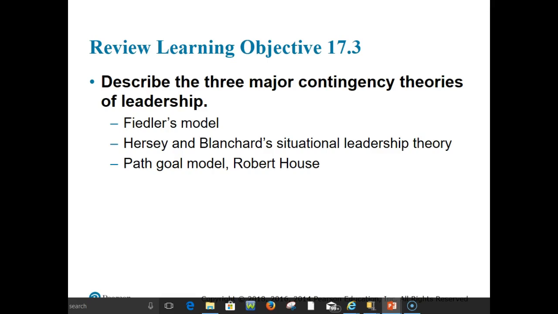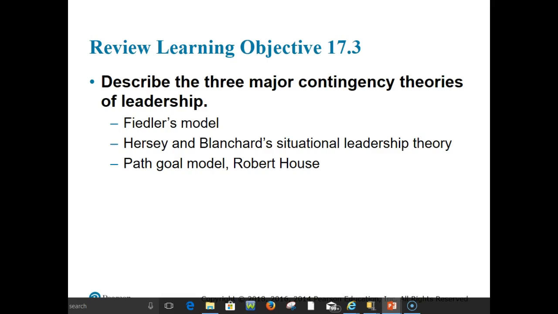Hersey and Blanchard's situational leadership theory focused on followers' readiness. They identified 4 leadership styles: telling, which is high task, low relationship; selling, high task, high relationship; participating, low task, high relationship; and delegating, low task, low relationship.